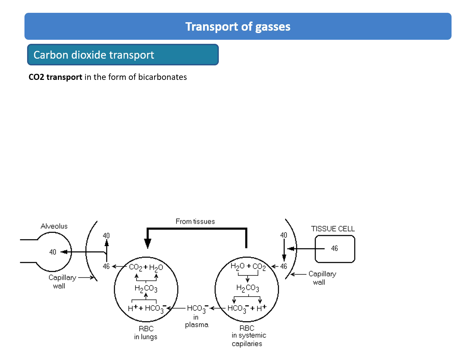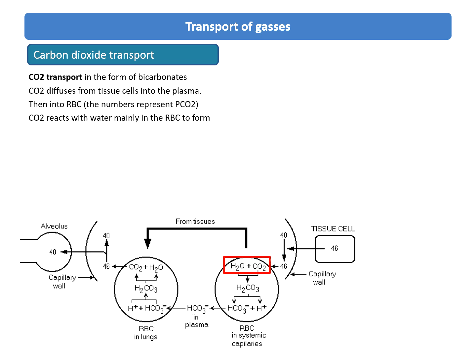Carbon dioxide transport in the form of bicarbonates begins with diffusion of carbon dioxide from the cells into the blood plasma. Then the carbon dioxide diffuses into the red blood cells, and the carbon dioxide there reacts with water to form bicarbonate ions and hydrogen ions.